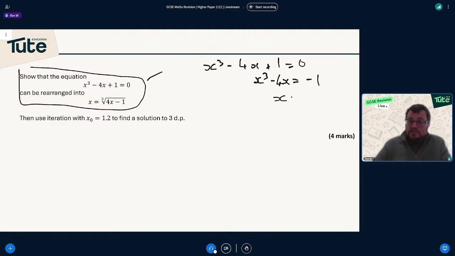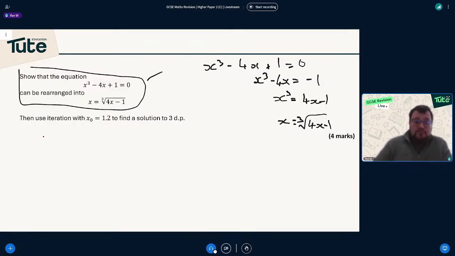So x^3 is equal to 4x take away 1, and then x would be equal to the cubic root of 4x take away 1. So you've done the first part, and you've gained a mark. Easy mark. Now, use iteration to x0 equals 1.2 and find your solution to 3 decimal places.